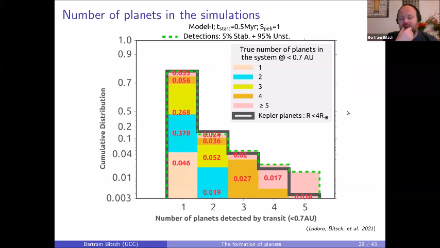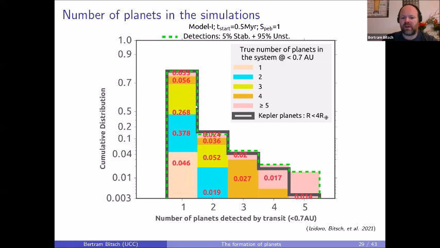Now we can try to understand how our simulations do in comparison to the observations. For this, we have to run many hundreds of simulations and then analyze the results. What we have in this plot is a so-called cumulative distribution. This means if you take the value of each of these pillars and add them all together, you would arrive at 1, where 1 means we have accounted for everything.